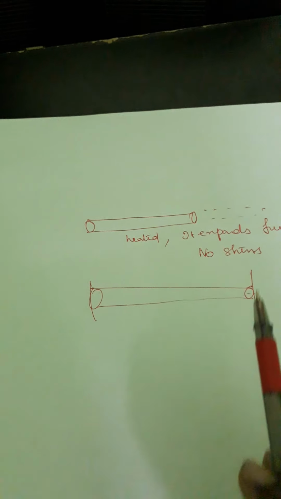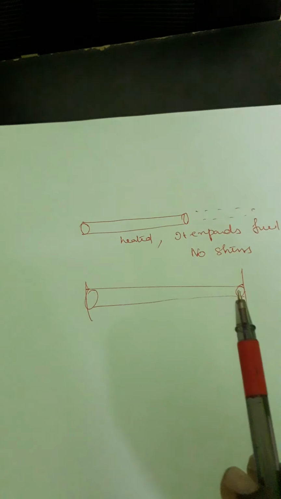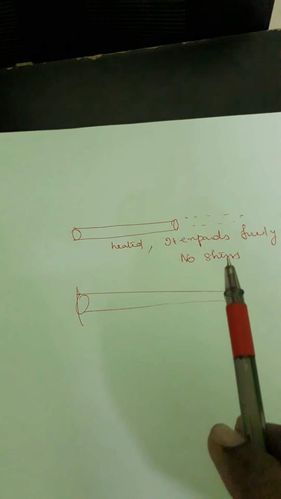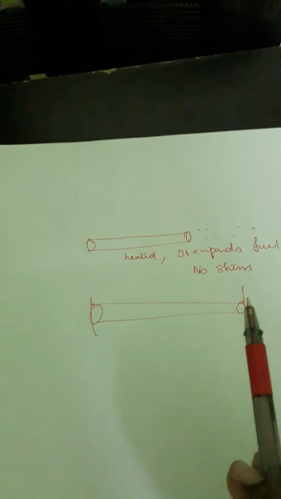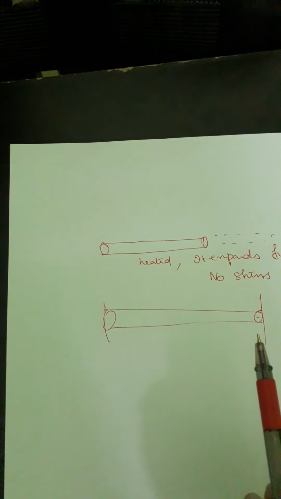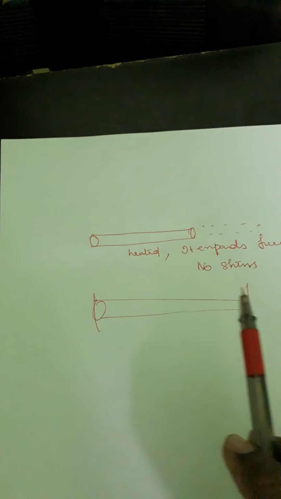But if there is any obstruction in between, when it is heated, it starts moving, extends, and when it touches this wall or any other obstruction, stresses will develop due to this wall. A compressive stress will be developed here.